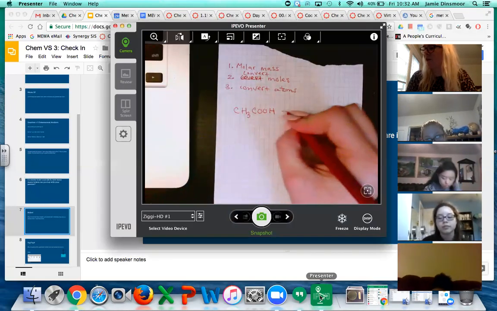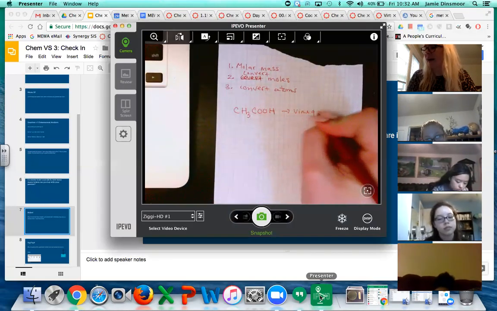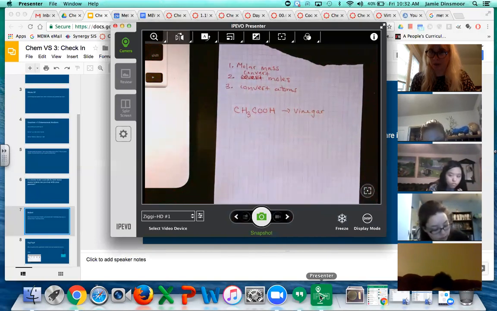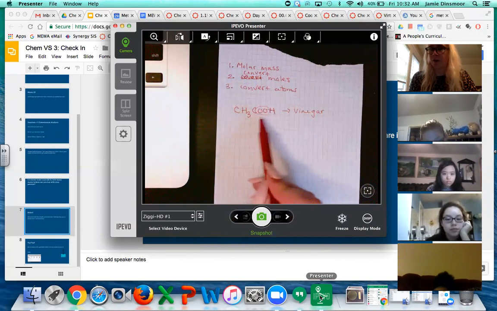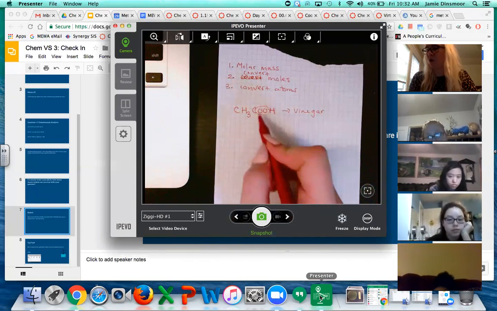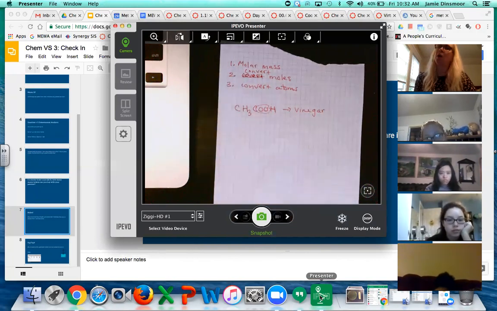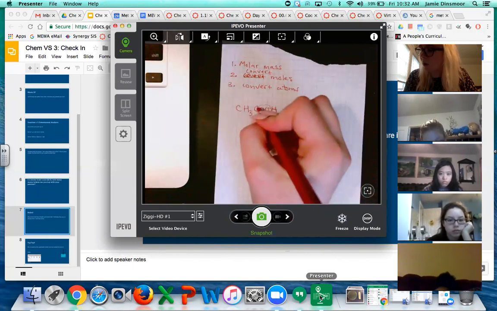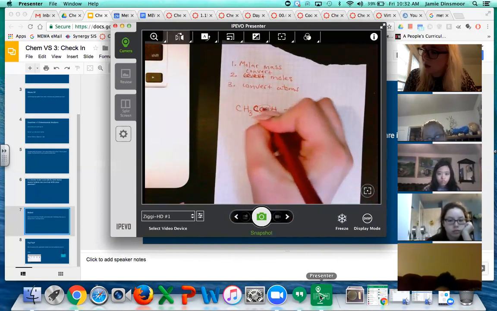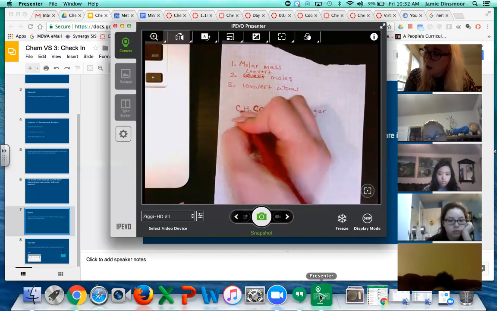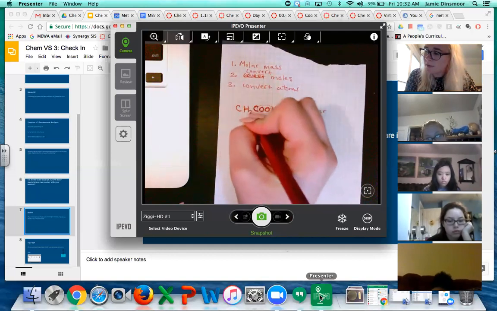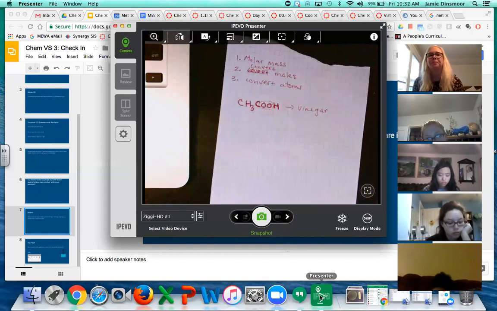Acetic acid is the science name for vinegar. And there's a reason that these oxygens are written separate like this, that it's not O2. So that's important. We will talk about that more when we learn about bonding of compounds. But regardless, how do we find the molar mass of our vinegar?